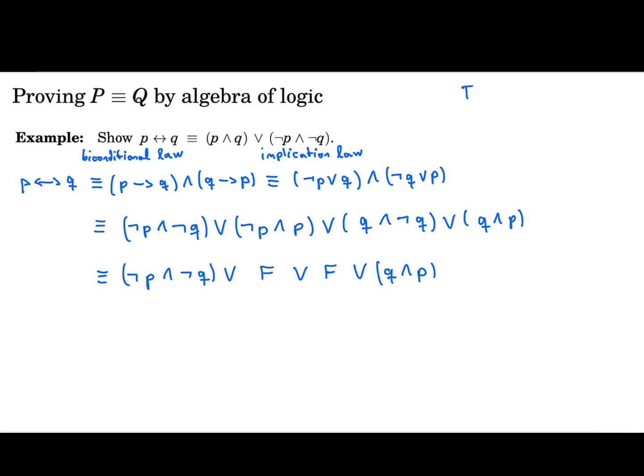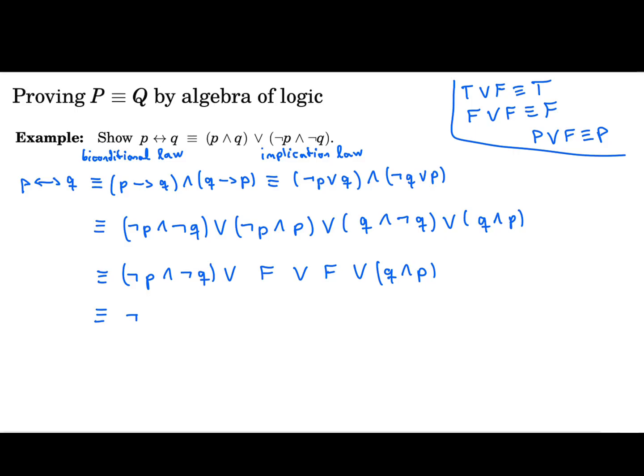True or false will always be true, and false or false will always be false, which means that it doesn't matter what the first thing is. So every time you take a proposition and you OR it with a false, this should always be equivalent to the proposition itself. So that's the idea that we're using here to simplify. So that means that the falses, you can throw them away.